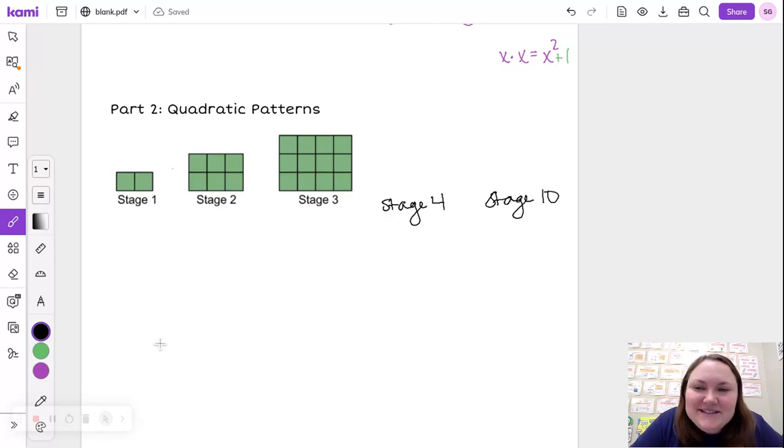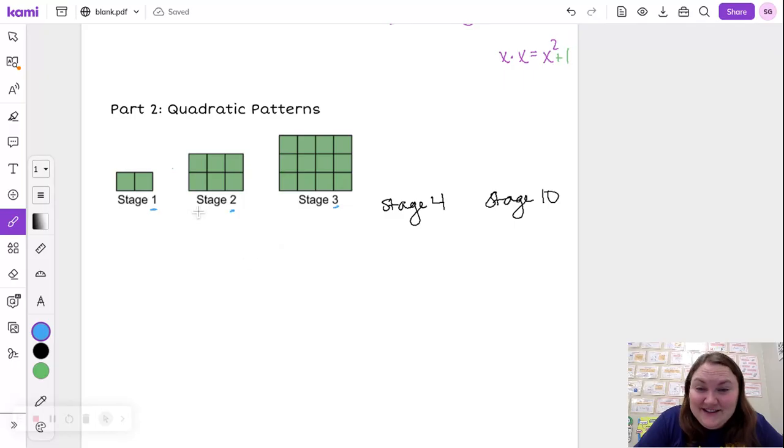As we look at this pattern, one strategy we talked about in the previous lesson is seeing if you can find a connection between the step or stage number and the picture. Looking at the image here, is there any way for me to describe this picture using the number 1, the number 2, the number 3?